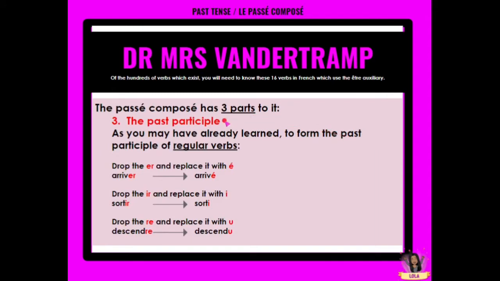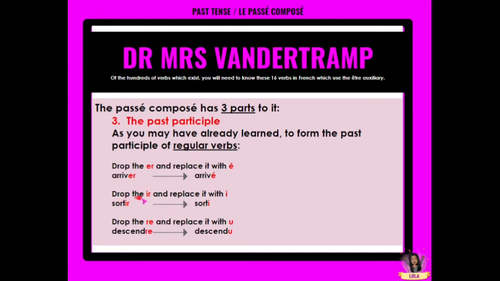The third part is the past participle. So when we learned this in the past with regular verbs, we learned that when something ends with an ER, you replace it with an E accent aigu. So arriver, for example, becomes arrivé, like this.